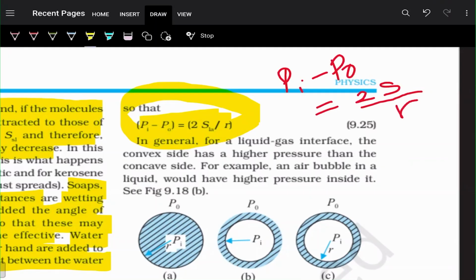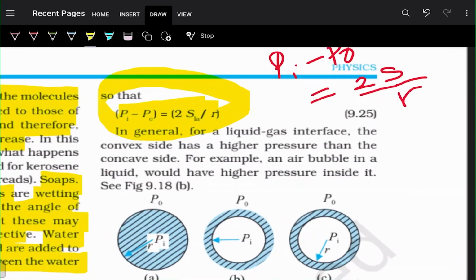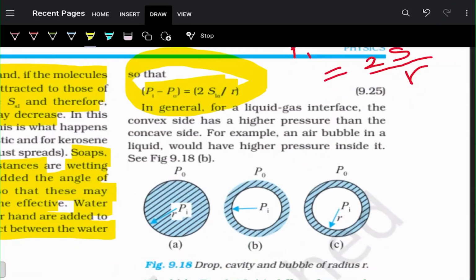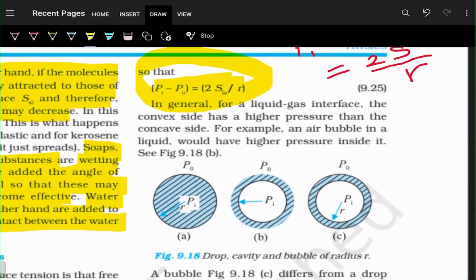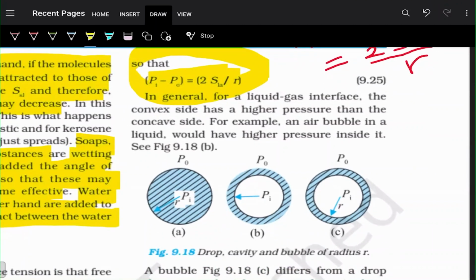ഡ്രോപ്പിന്റെ കേസിൽ. ബബിൾ ആകുമ്പോൾ, in general for a liquid gas interface, the convex side has higher pressure. This is a very important point. ഏത് കേസിലും ഒരു liquid gas interface എടുക്കുകയാണെങ്കിൽ convex side has higher pressure than the concave side. ഏത് സൈഡിനായിരിക്കും pressure കൂടുതൽ? Convex side. For example, an air bubble in a liquid would have higher pressure inside it.